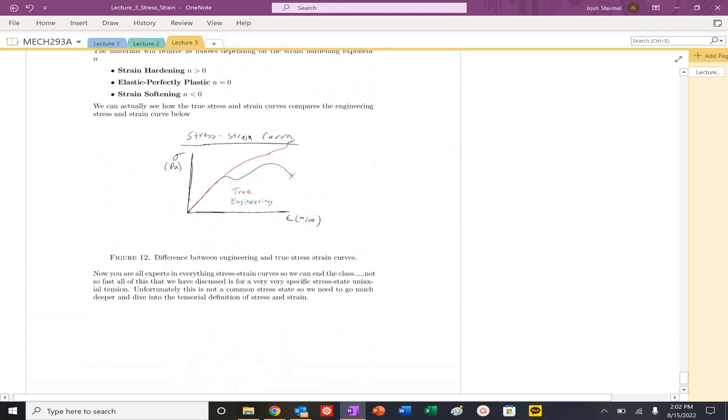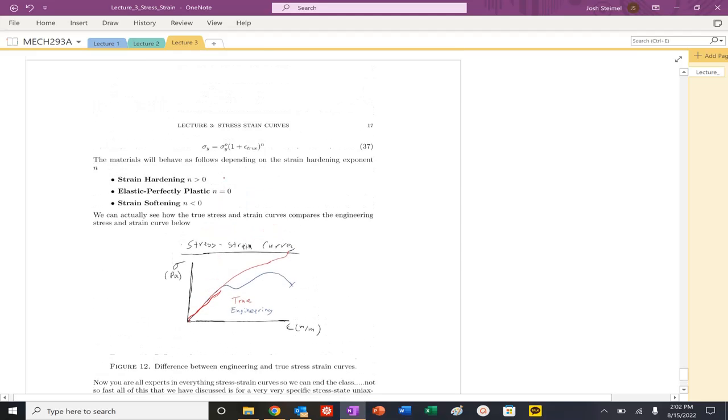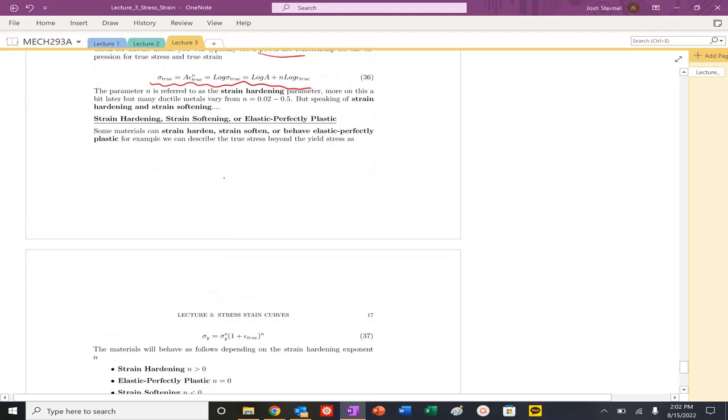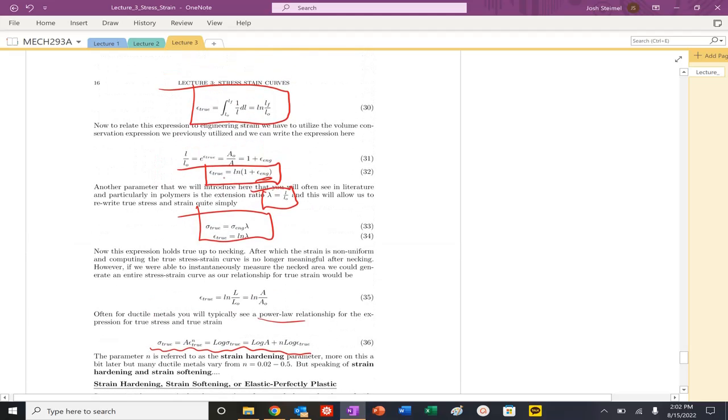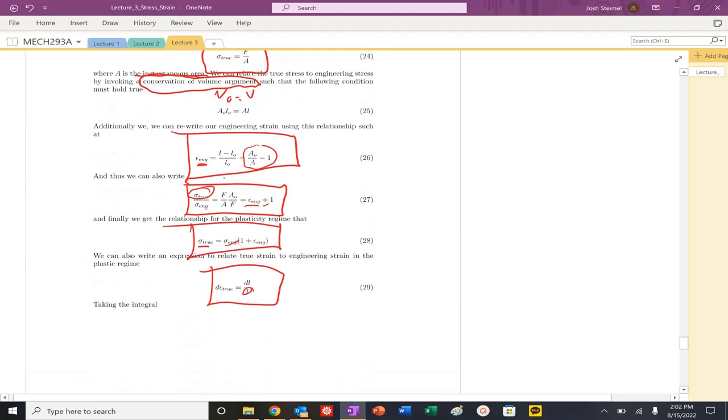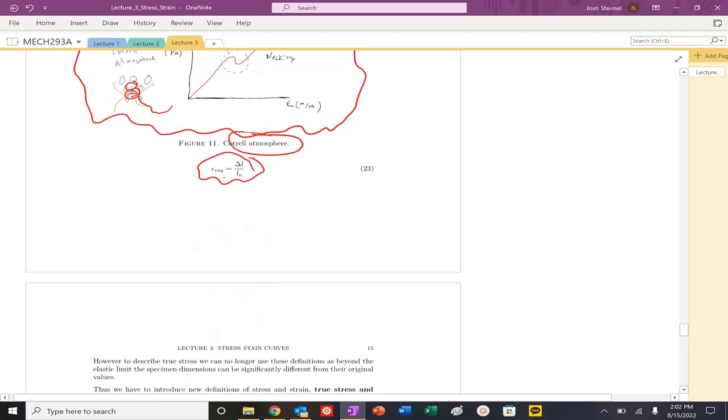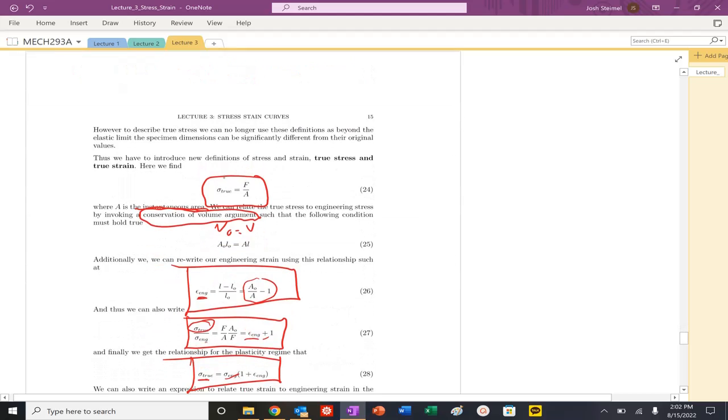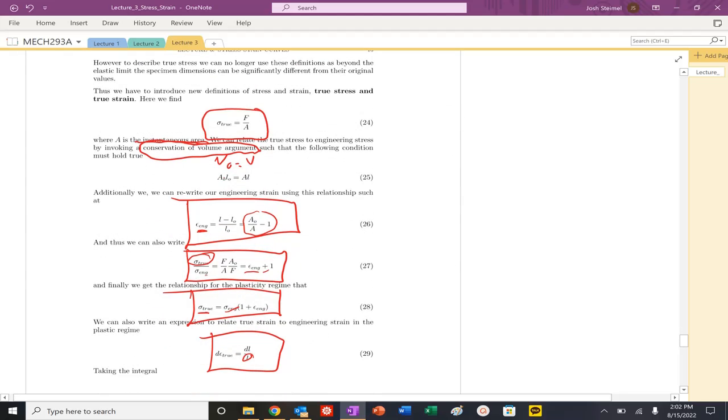What does that actually look like? If I look at this relationship, it's going to be exactly the same up until yielding.